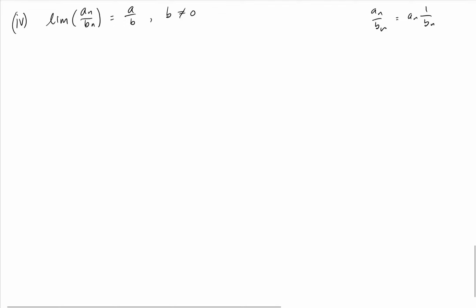So if we can show that 1 over b_n converges to 1 over b, then we can use our product one. As soon as we've got that 1 over b_n goes to 1 over b, we can just use the third part, which is to show that products of sequences converge to products, to give us what we're after. So that's going to be our approach.